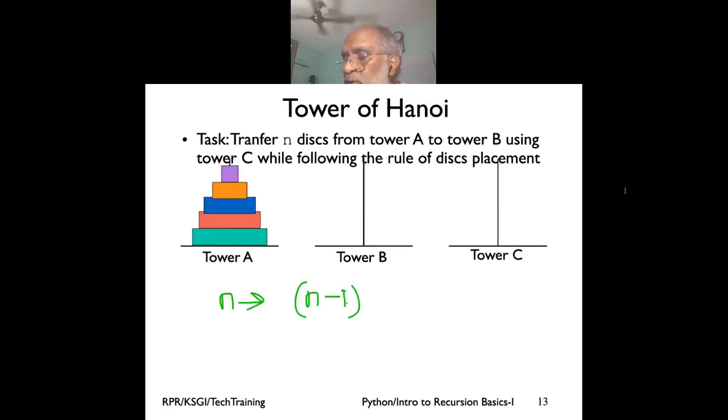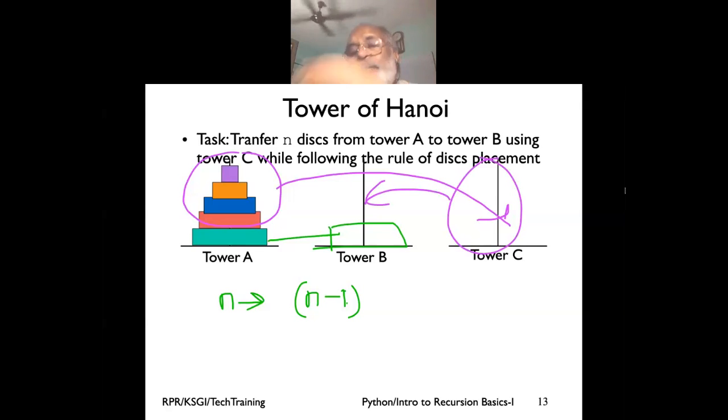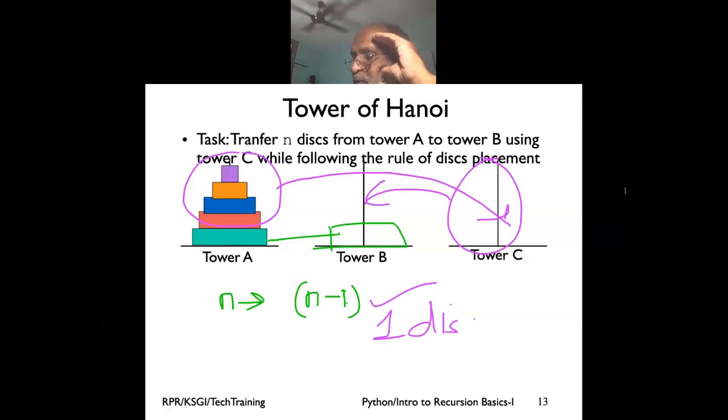I first move n-1 disks onto tower B. Then I move one green disk onto tower B, which I can move. And then I move the remaining n-1 disks back here. So I first move n-1 disks, then I move one disk, and then I move n-1 disks again.